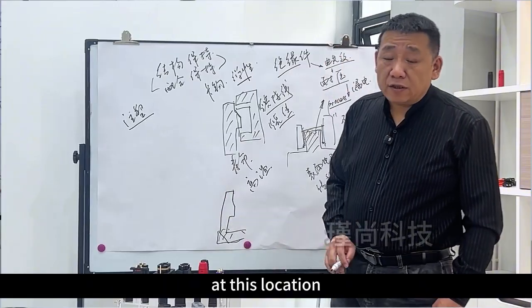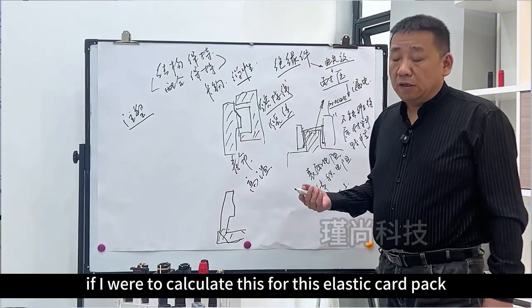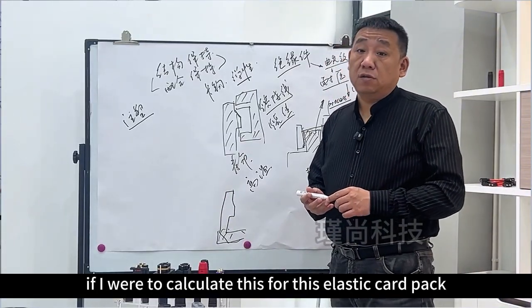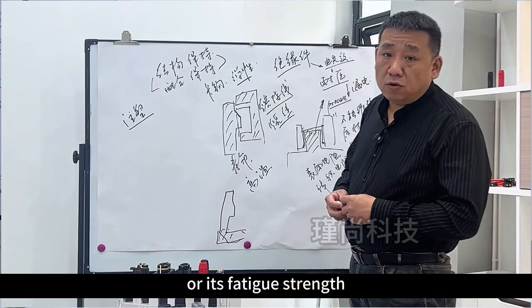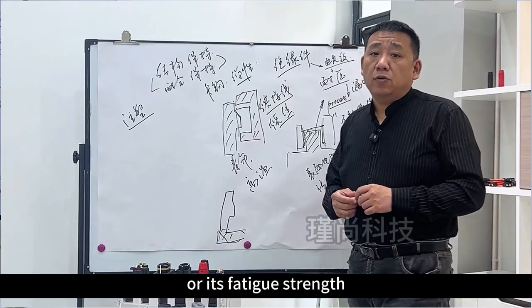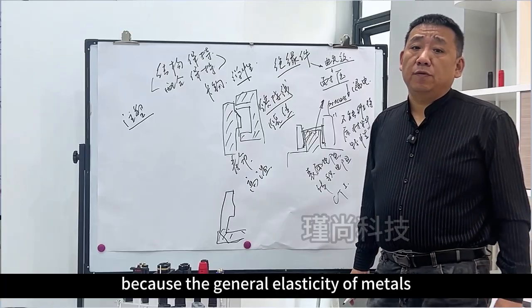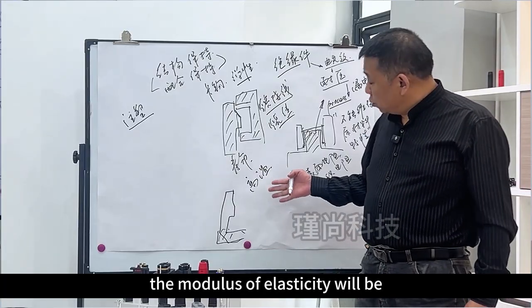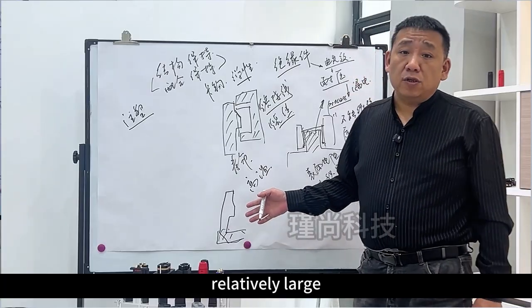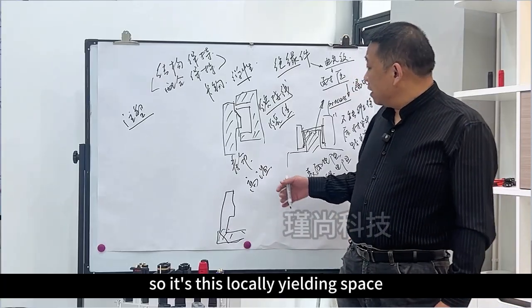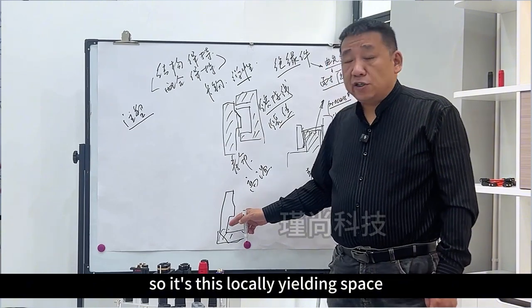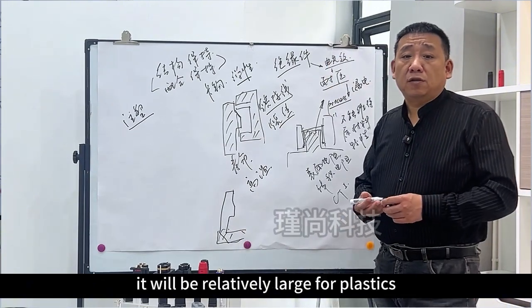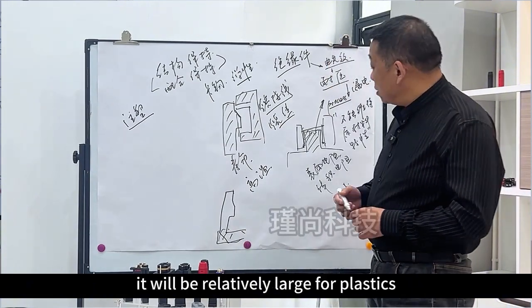At this location, if I were to calculate the lifetime, or fatigue strength, for this elastic snap, that's for metal, because the general elasticity of metals will be greater. The modulus of elasticity will be relatively large. So this locally yielding space, relatively speaking, will be relatively large for plastics.